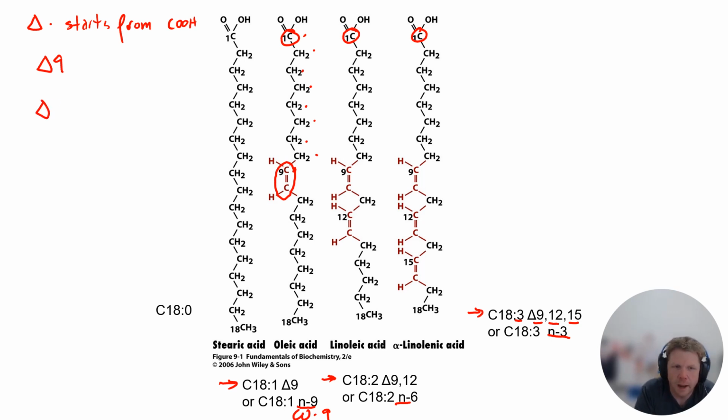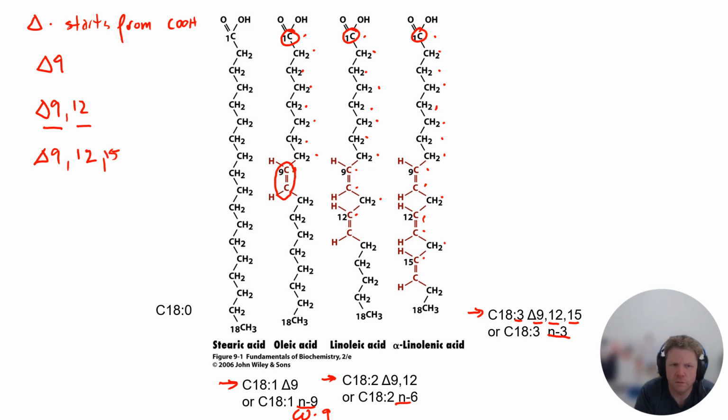Now, delta 9, 12 tells us, again starting from the same location, 1, 2, 3, 4, 5, 6, 7, 8, 9. There's one double bond. And then 10, 11, and 12. There's my second double bond. 18:3, delta 9, 12, 15: 1, 2, 3, 4, 5, 6, 7, 8, 9, 10, 11, 12, 13, 14, 15.